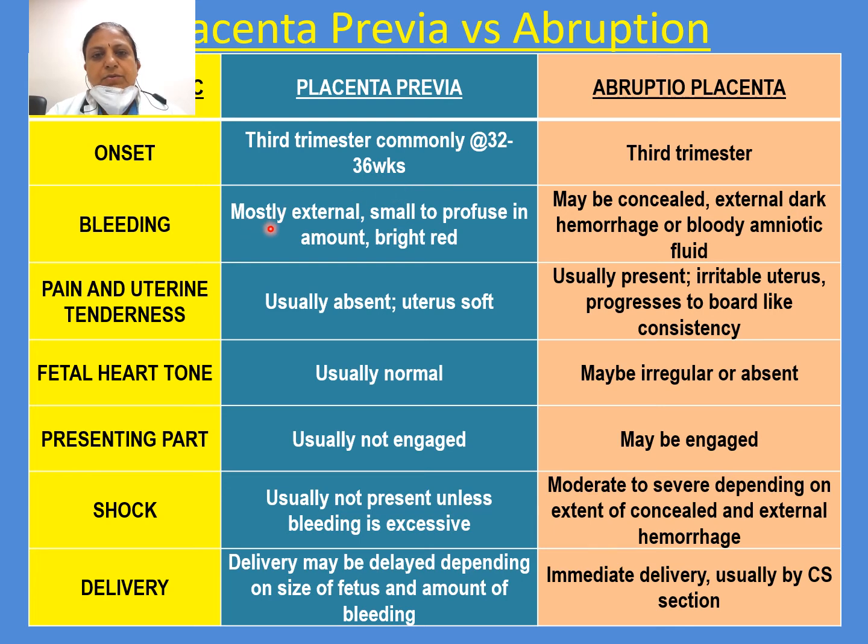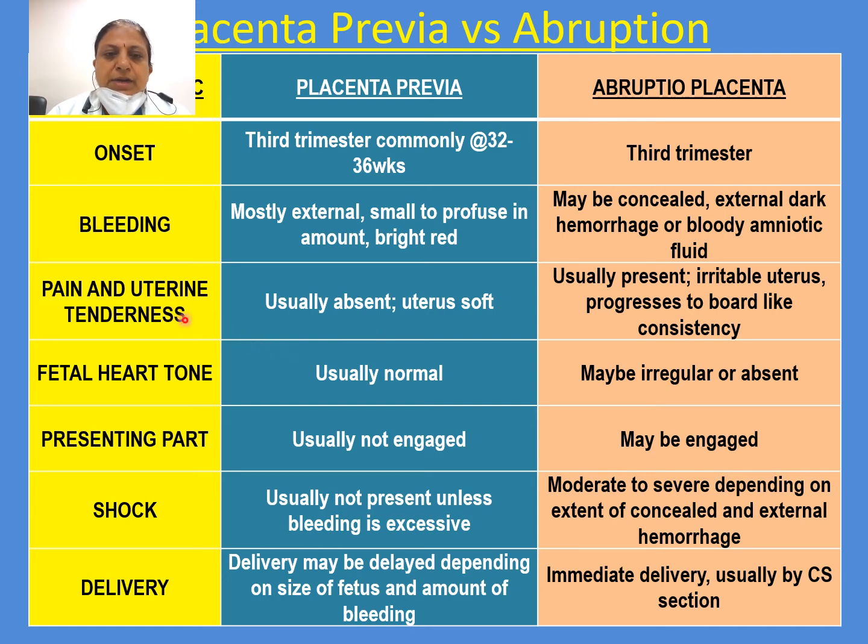So bleeding is mostly external, small to profuse in amount, which is bright red in color in placenta previa. Whereas in abruptio placentae, the blood is usually dark colored clotted blood, maybe concealed or external dark hemorrhage, or bloody amniotic fluid is seen in the abruptio.